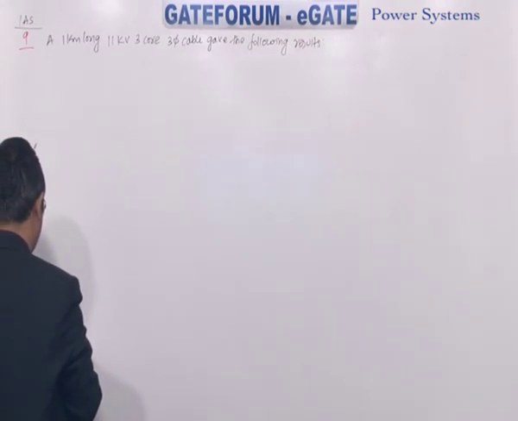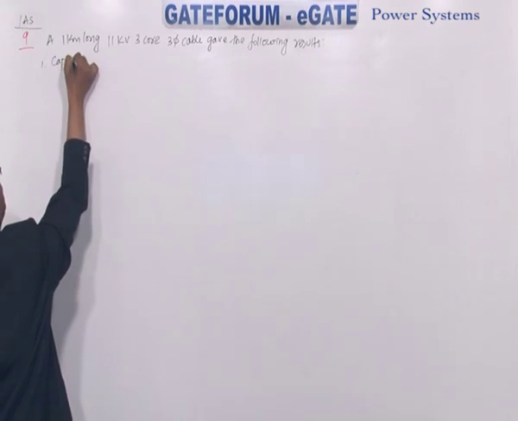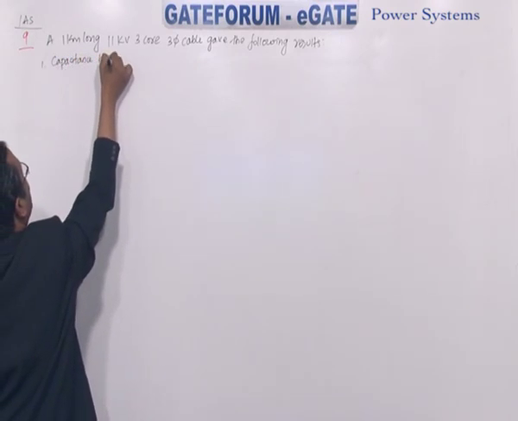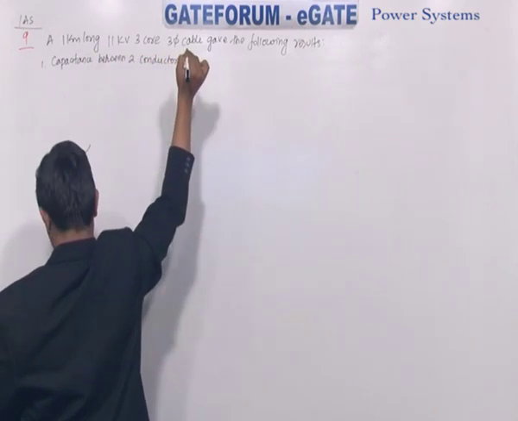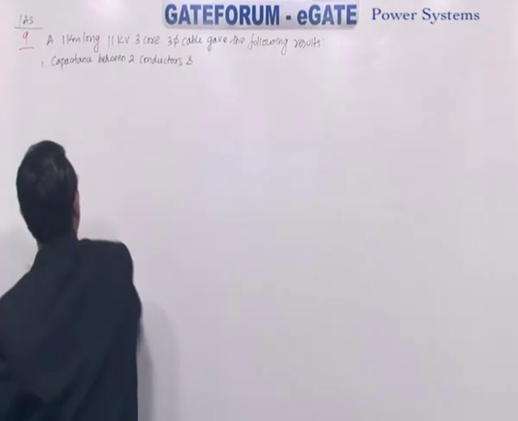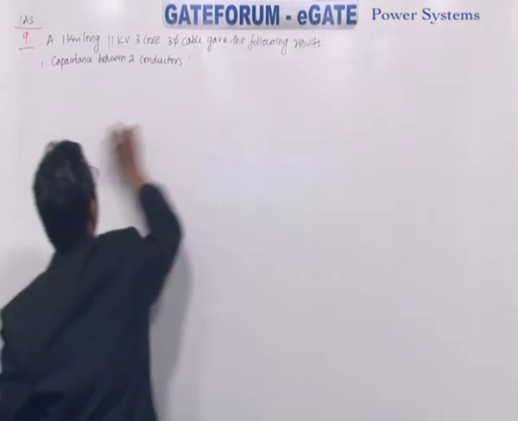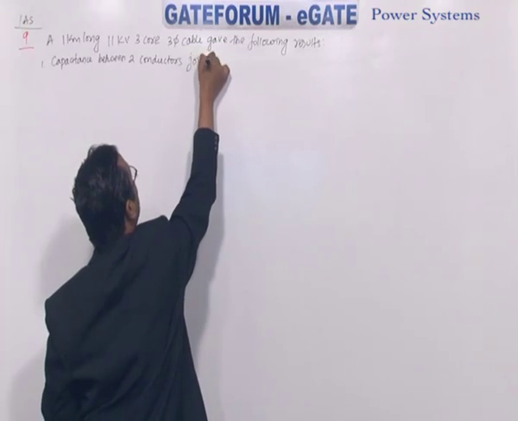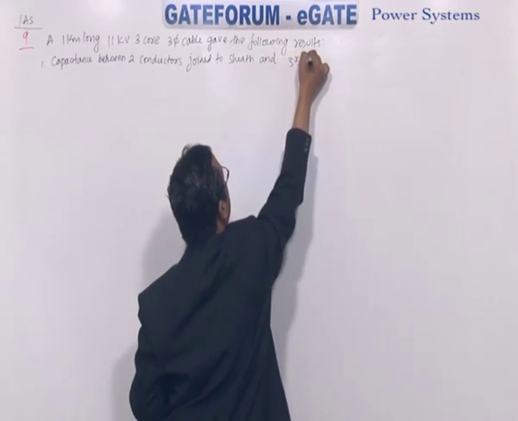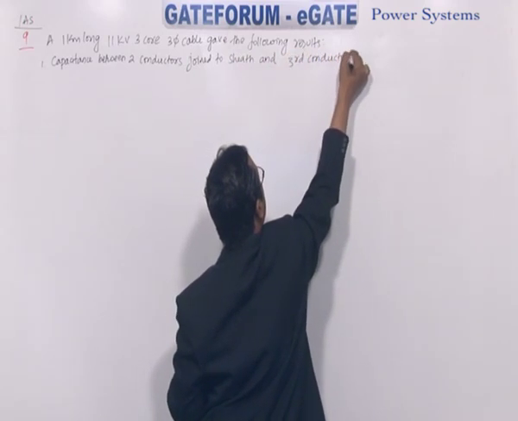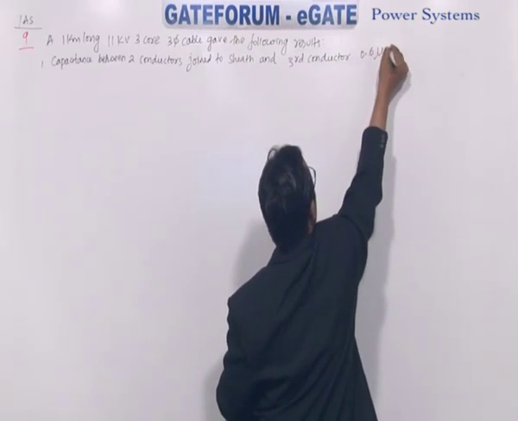The first result is the capacitance between two conductors joined to sheath and the third conductor. It is 0.6 microfarads.